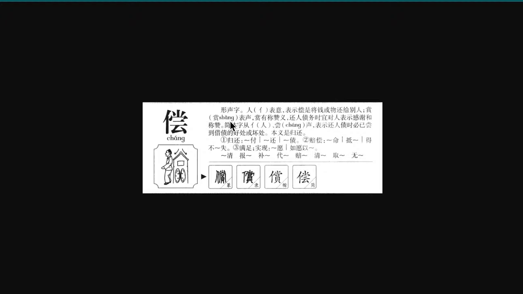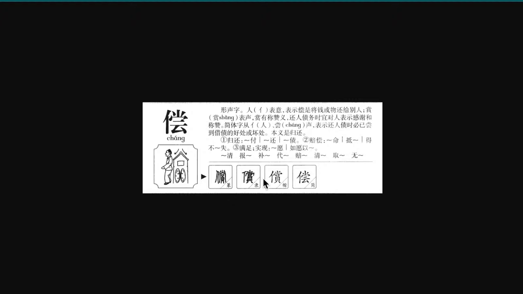Okay, and so in that case, because somebody is doing something awesome for you, you obviously have an attitude of gratitude, right? And so you want to praise the person. So that's why the right hand side has the character of 赏, which is appreciate and praise someone, right?